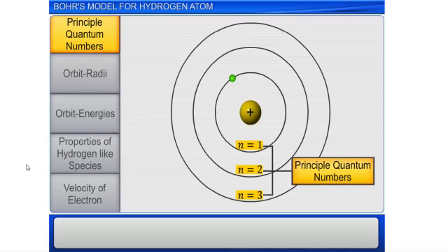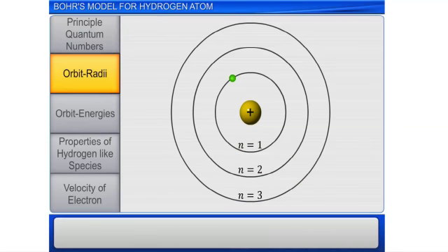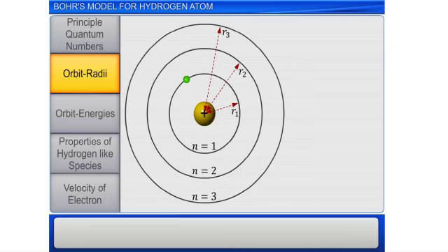The radii of stationary states or orbits can be given by the expression: radius of the nth orbit Rn is equal to n squared multiplied by the constant A0, which is equal to 52.9 picometer.